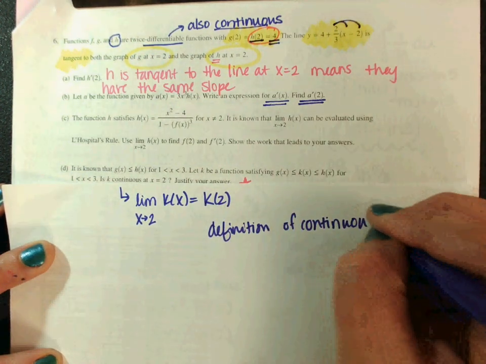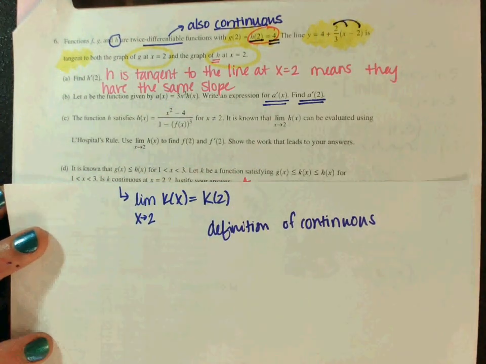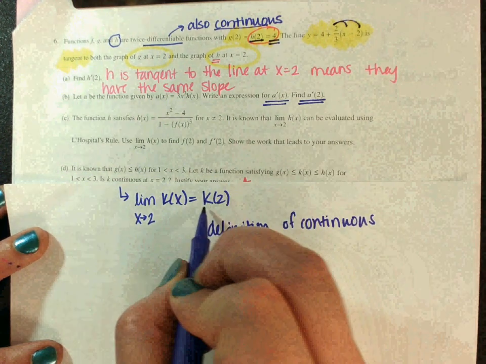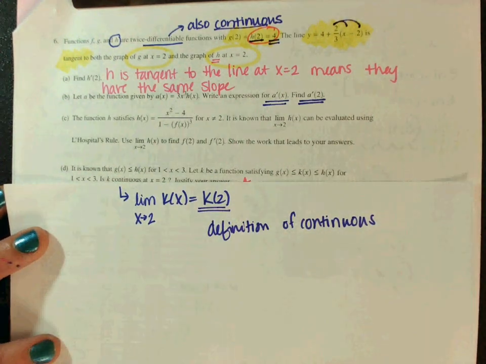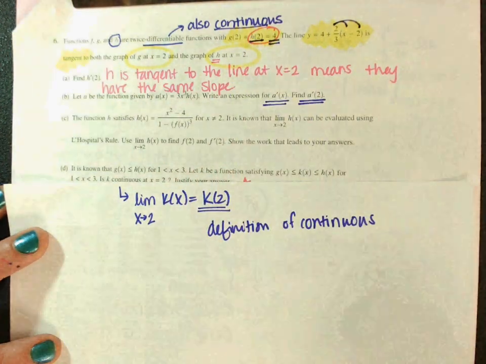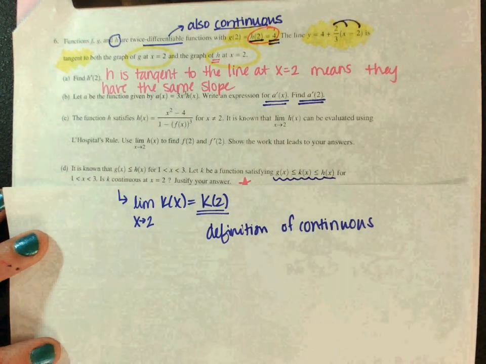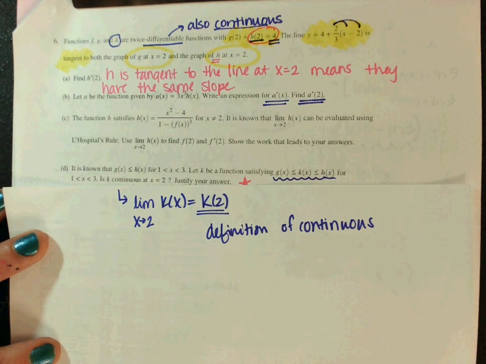So basically, I just need to show that my limit and my y value are going to come out the same. Well, this is going to be the easier side for me to do. Think about it. I already know from the beginning that g of 2 and h of 2 are 4. Well, if my k value needs to be between or equal to g of 2 and h of 2, then it has to be 4.